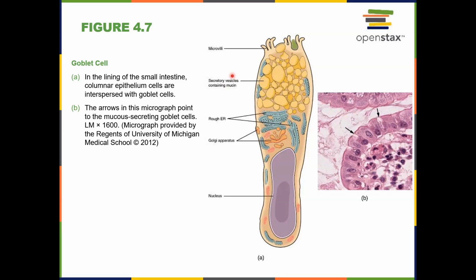So these secretory vesicles contain mucin, which is a protein that gives the thick and slippery consistency to mucus. So goblet cells help to produce mucus, and they're found throughout the respiratory and digestive mucous membrane.